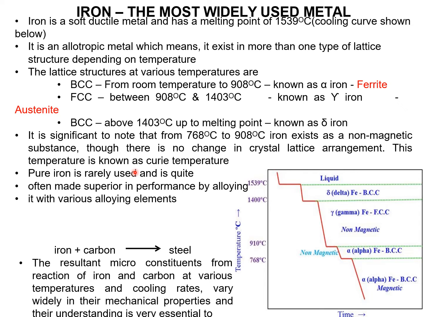Why? During slow cooling, the atoms in the crystal structure will change positions, and due to the dislocation mechanism the atoms will move and occupy various positions. Then the crystal structure will change. Like this it will happen.